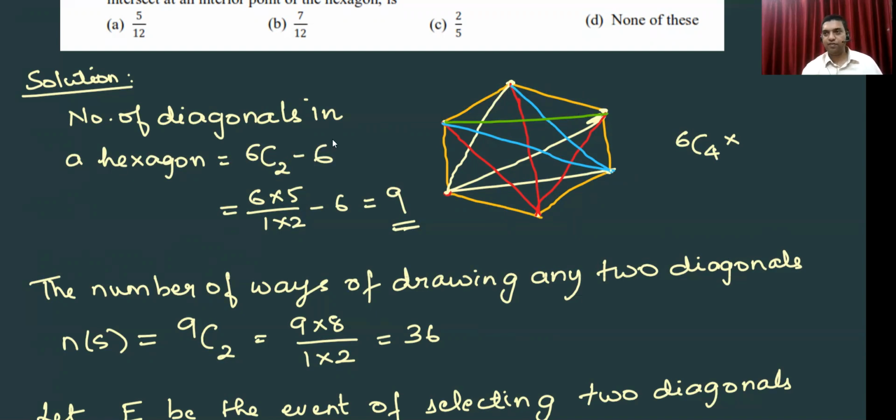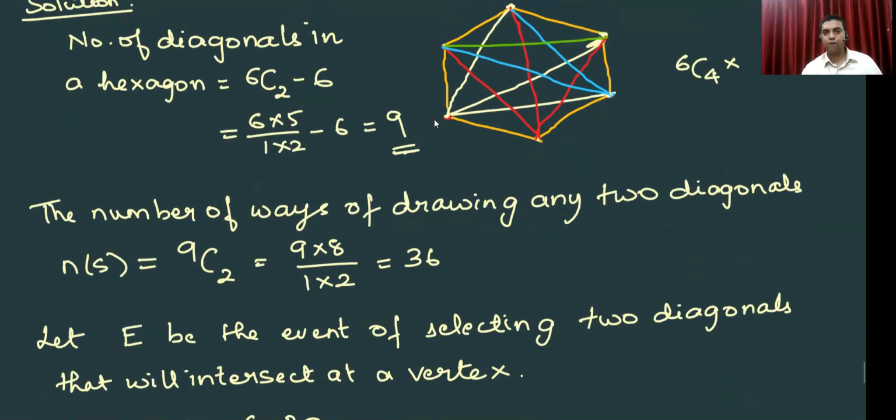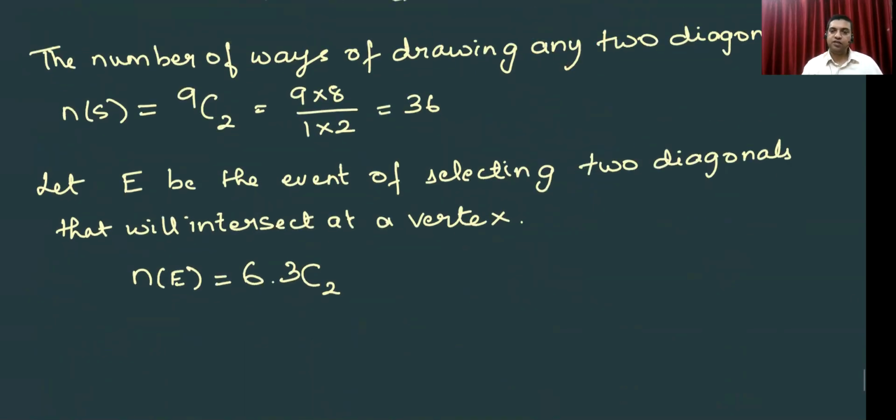No, if you choose any 4 points, there will always be one way of drawing the diagonals such that they intersect in the middle. Okay, let us see your logic. Suppose I choose 4 points, 1, 2, 3, 4.